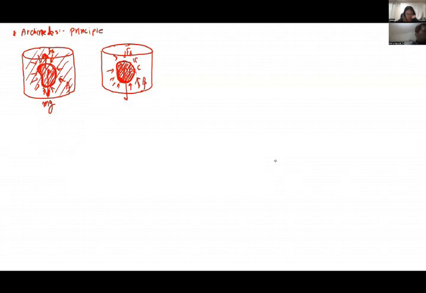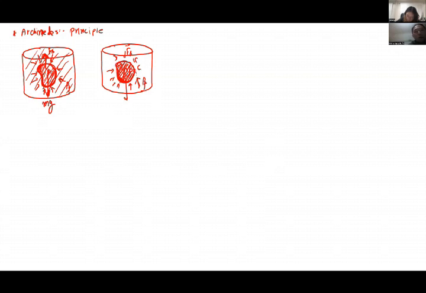So when a body is fully or partially submerged in a fluid, a buoyant force from the surrounding fluid acts on the body. The force is directed upward, or downward if it's a negative value, and has magnitude equal to the weight of the fluid that has been displaced by the body.